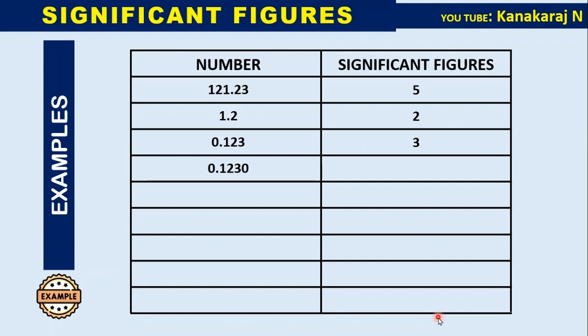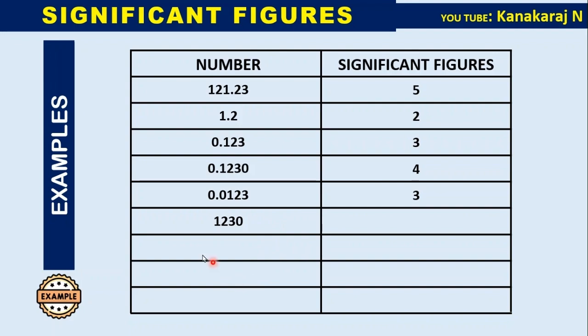So it has four significant figures. 0.0123. Here the number is less than 1. The 0 after the decimal and before the non-zero digit is not significant, so it has three significant figures.